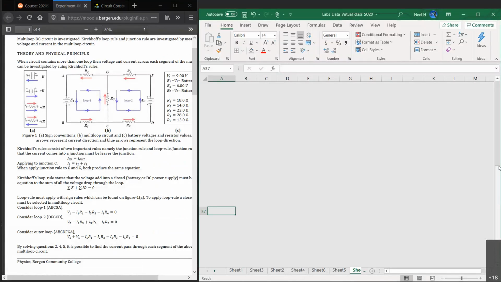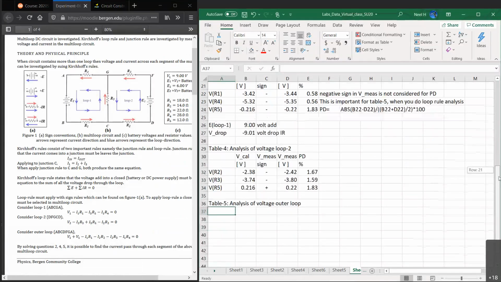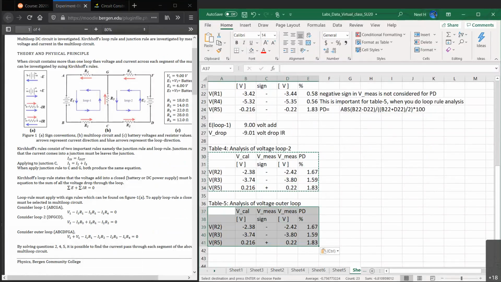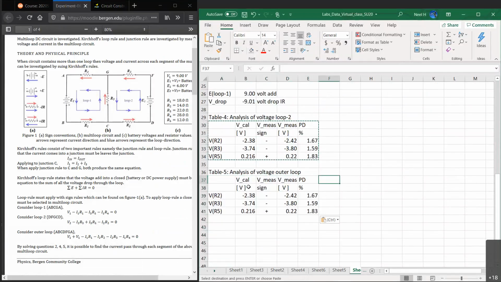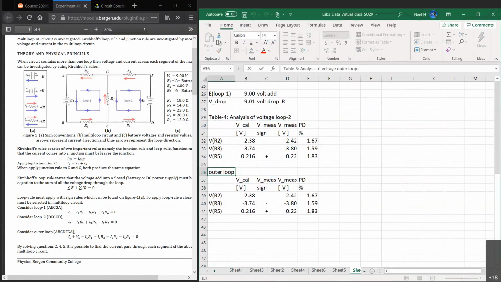It's the same exact thing, okay? There's nothing big different, same exact thing. You can copy paste this table and then you can easily modify that. So now we are on the outer loop. Let us name that too. The outer loop starts from A, B, C, D, F, G back to A, okay?